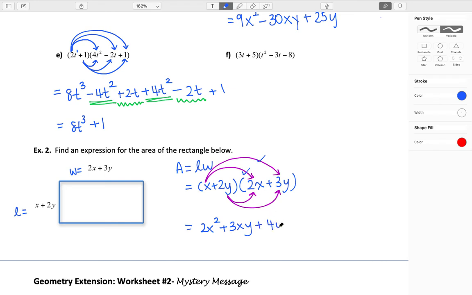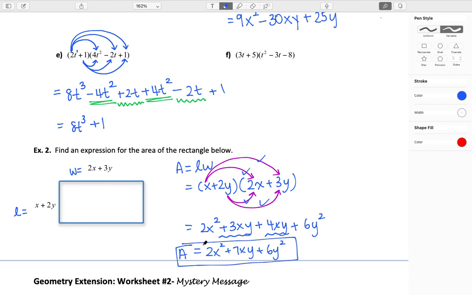Plus 4xy plus 6y squared. That's the bottom arrows. And notice how we do have a like term here. So 2x squared plus 7xy plus 6y squared. So that is the area of this rectangle.